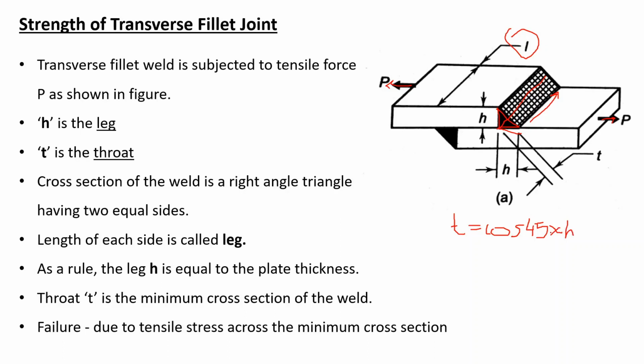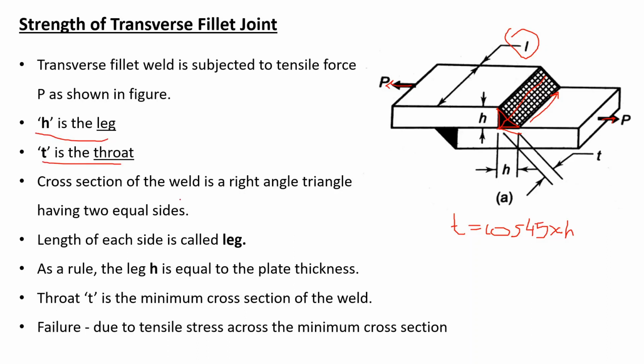Again the nomenclature will be the same for this transverse fillet weld as it was in the parallel fillet weld. T is your throat, H is your leg, and as a rule we always take H, the leg of the weld, equal to the thickness of the plate. You can see here that H is the leg and T is your throat.